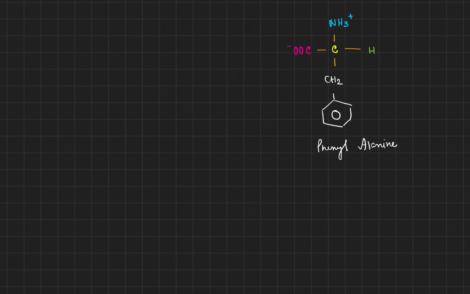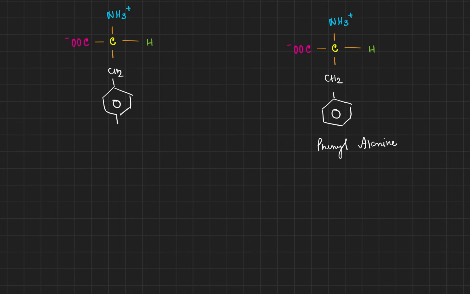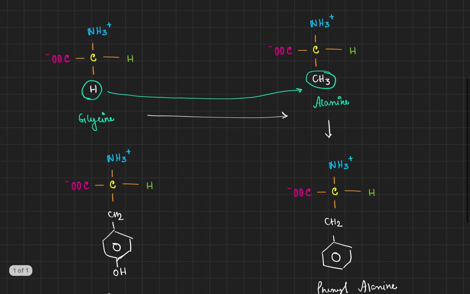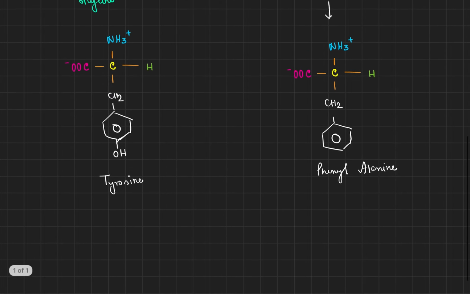From this phenylalanine, if I draw it again and add an OH over here, just a hydroxyl group, this will transform it into tyrosine. You can see we just got four different amino acids. Now I'll move to the next page.